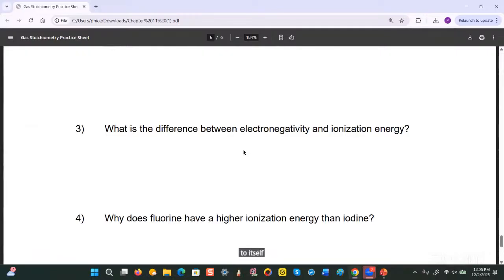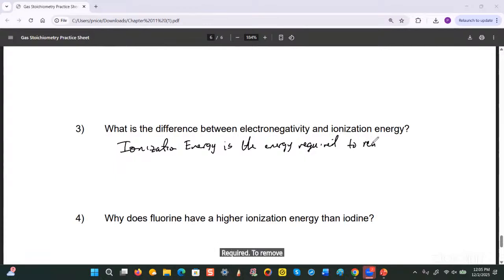The ionization energy, maybe I should write this down. So the ionization energy is the energy required to remove an electron from a gaseous atom.